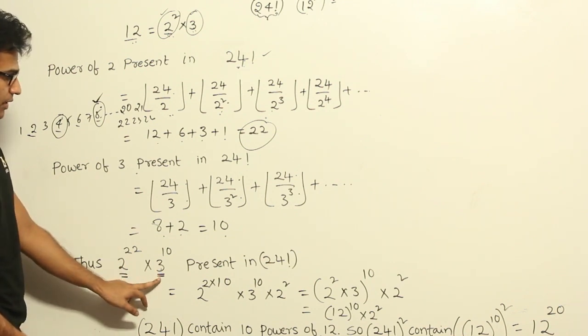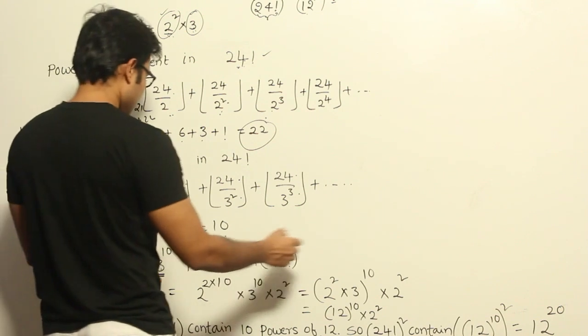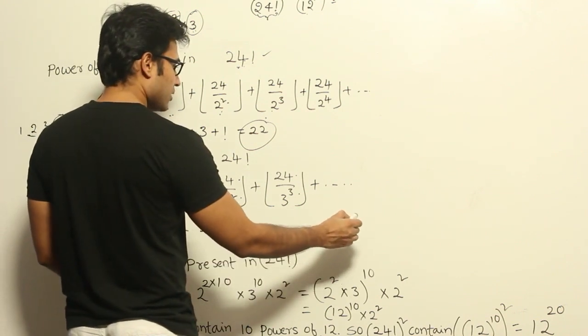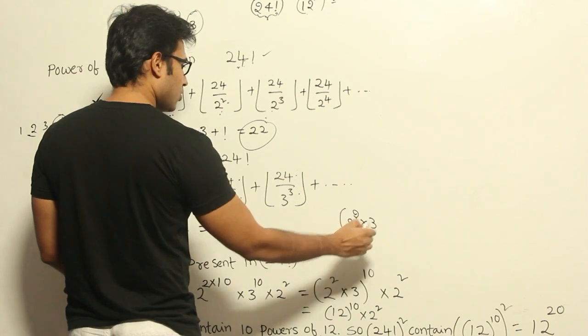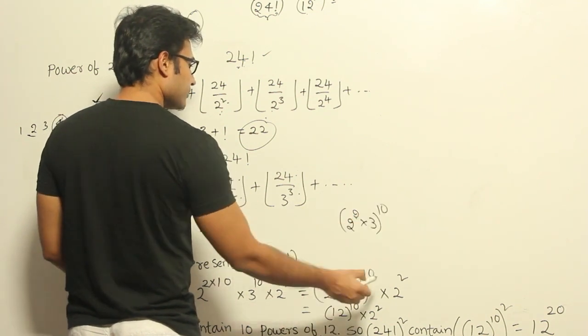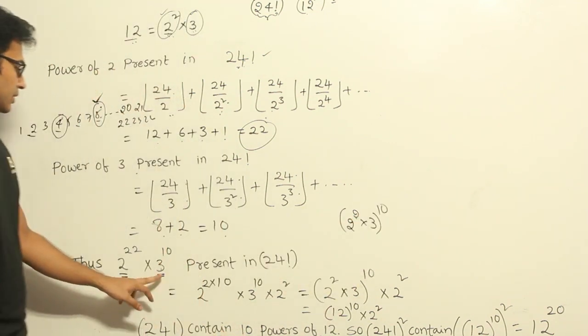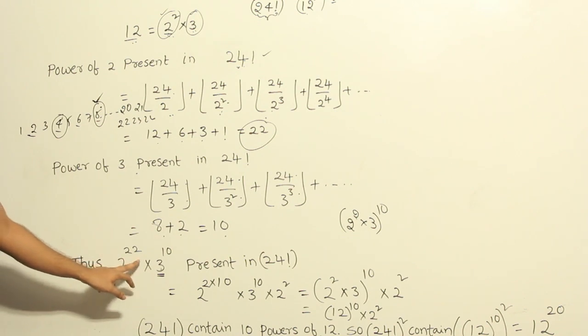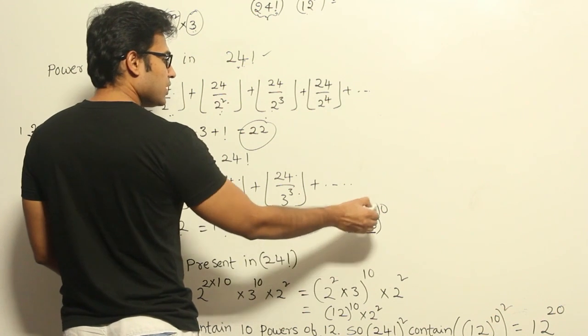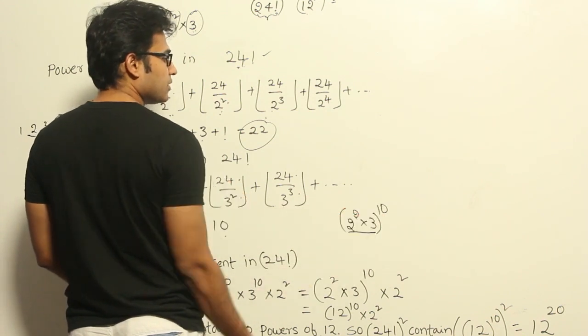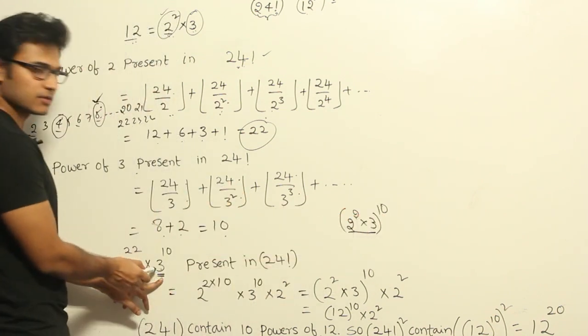So how many I can get is, this thing I could write as (2 power 2 into 3) whole power 10, isn't it? 2 power 2 into 3 whole power 10, right? Why only 10? Because I have only 10 3's, right?